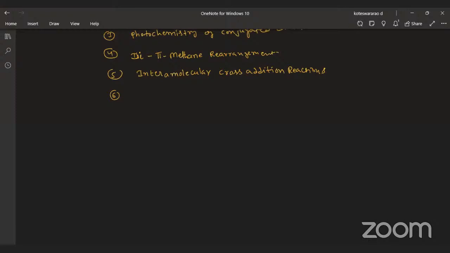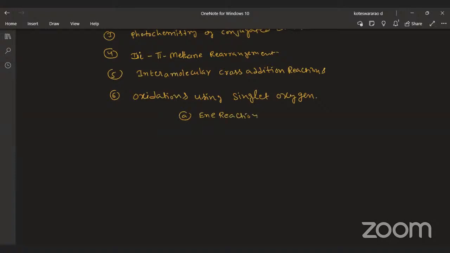The sixth one, oxidations using singlet oxygen: oxidation of double bonds or saturated bonds using singlet oxygen. In that, the ene reactions are also important when considering the exams.